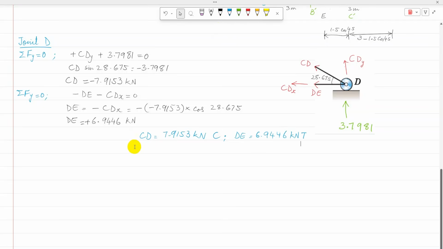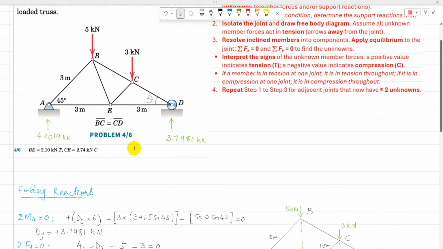So now CD is in compression, so I can show that compression means that direction is towards the joint, and DE is in tension, so away from the joint. So now these two member forces are known.